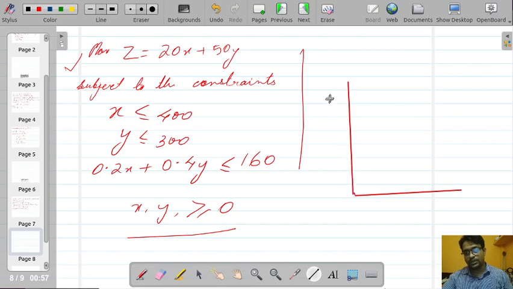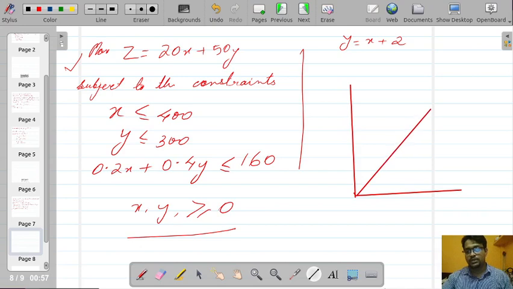How to plot graphs of these straight lines. Suppose I have the straight line y equal to x plus 2. So how will the graph of this straight line look? y equal to x actually represents a straight line with slope 45 degrees, that is slope 1.